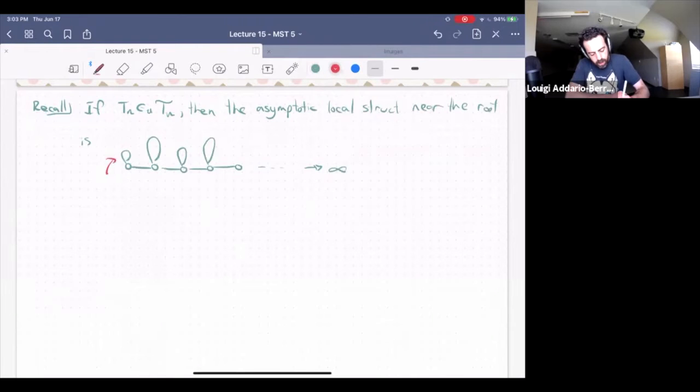So these are IID, and I used this notation for a Galton-Watson tree with offspring distribution Poisson 1.